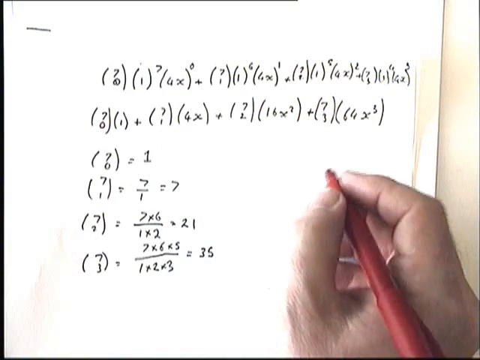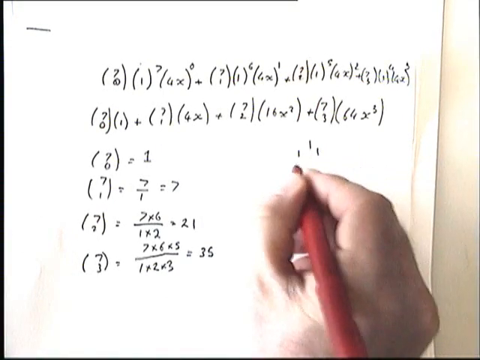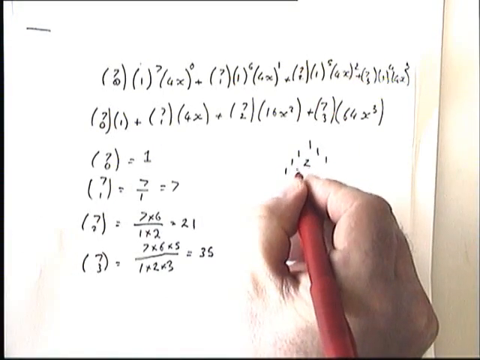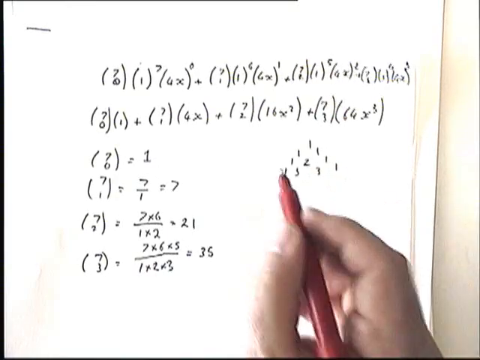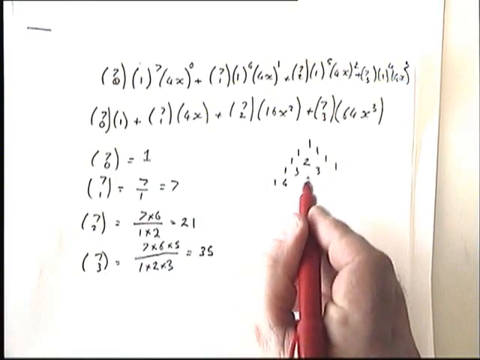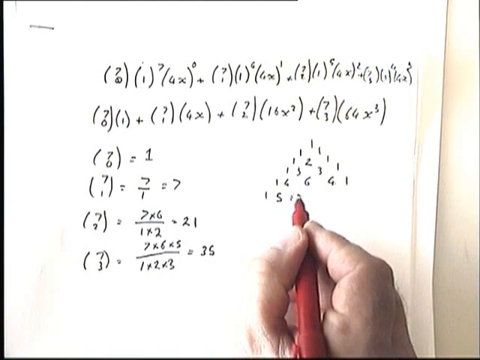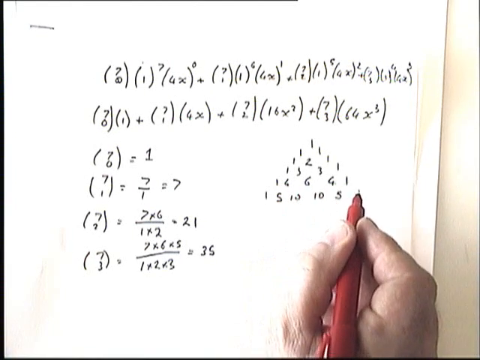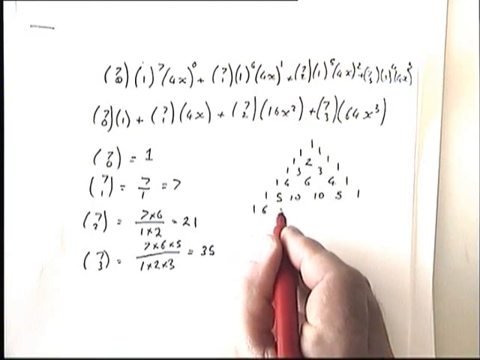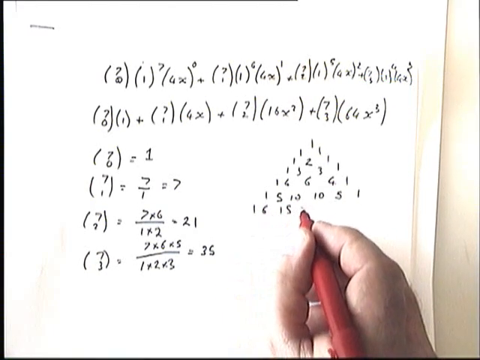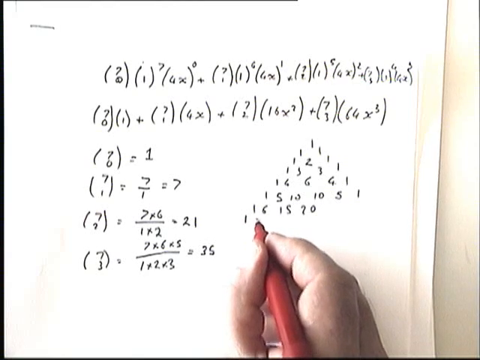The other way is to use the triangle. 1, 1, 1, 1, 2, 1, 1, 3, 3, 1, and so on. Okay, just working down. Now we only need the first 4 terms, so let's just work on that side.